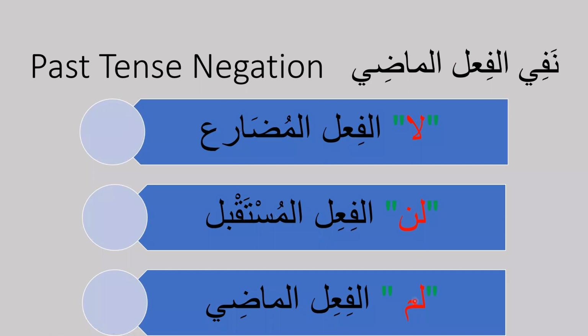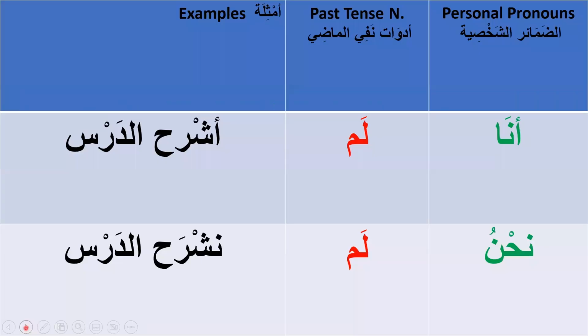As I mentioned in the beginning of this video, we have two articles that negate the past tense. One is lam, which is did not, and the other one is ma. The focus is on lam, and towards the end of this video we will talk about ma as one of the negators. All right, let's start.